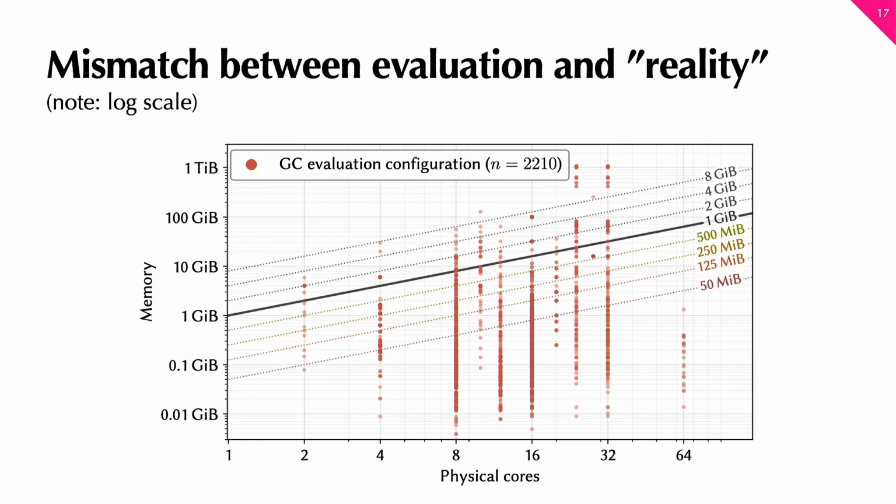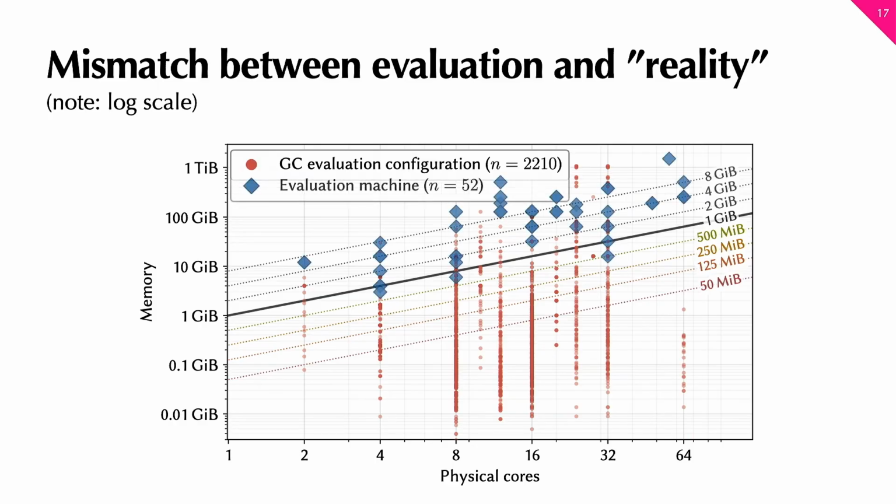We have a thick line at 1 gigabyte per core here, and we're plotting how much of the available memory we actually use. You can see most of these configurations fall well below this 1 gigabyte of memory per core ratio. And if we look at where the machines are, they're all up here, so they are above this line. So this is what I mean when I say there is a mismatch.